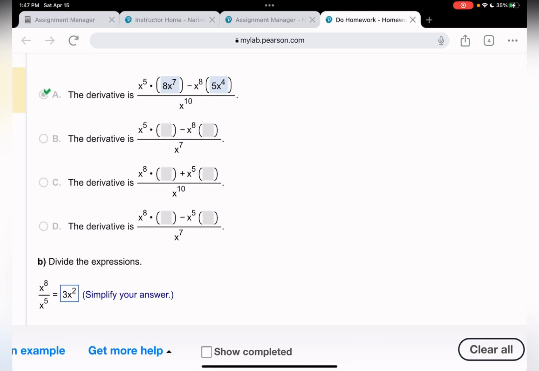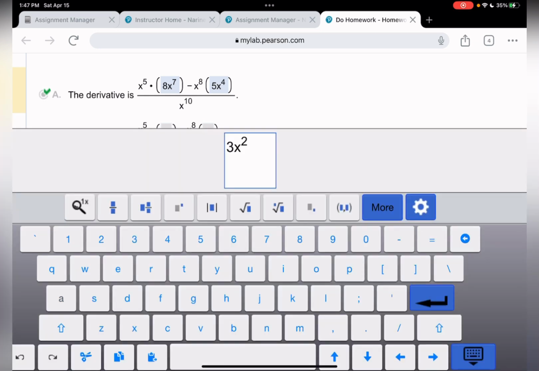When we divide, we subtract exponents, right? So what did we have? 8 minus 5, it's going to be 3. And this 3 is going because we don't have anything.